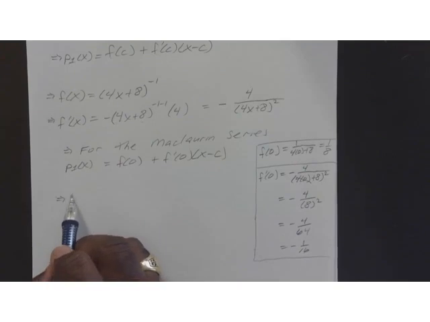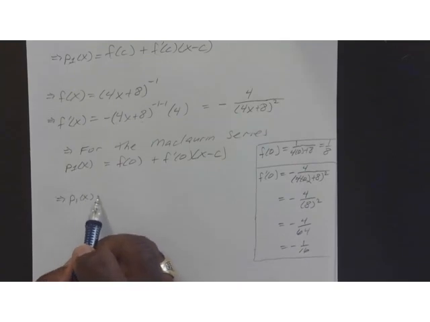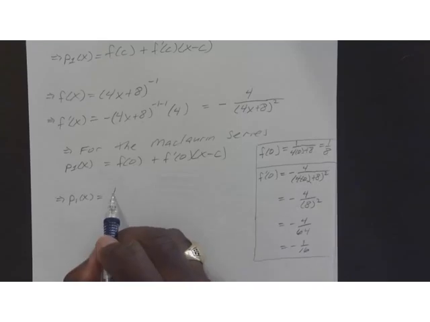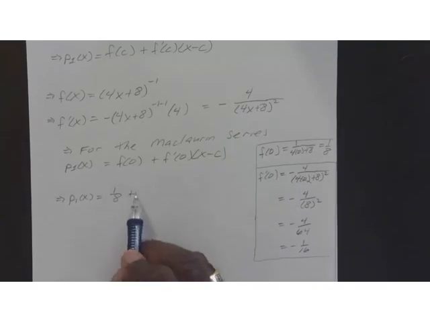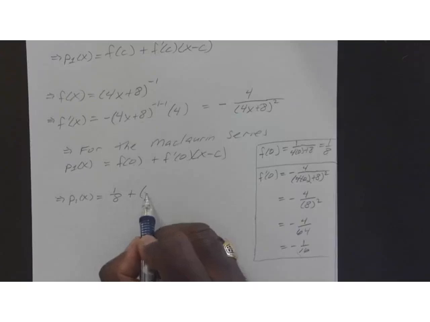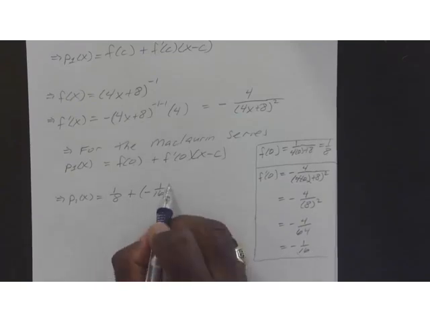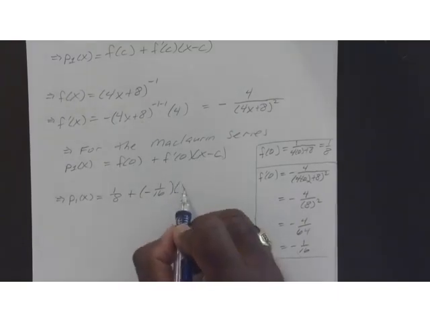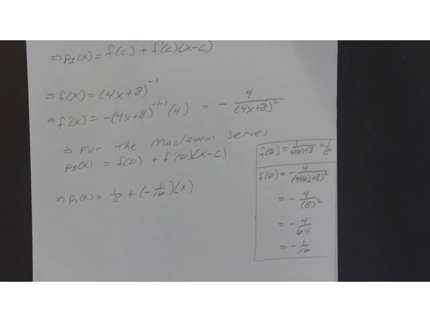So that means our p sub 1 of x is equal to f of 0, which is 1/8, plus f prime of 0, which is -1/16. Now you could have written minus, but I'll write negative first. Times x minus 0, which is just x. Nope, actually I should put in a 0 there. There we go.